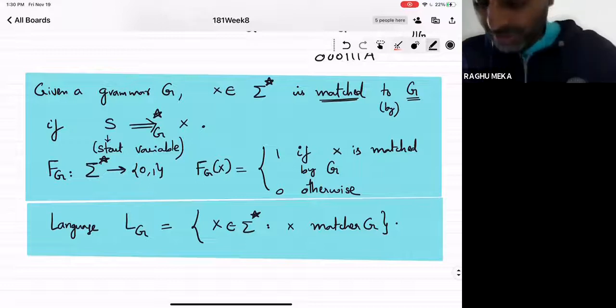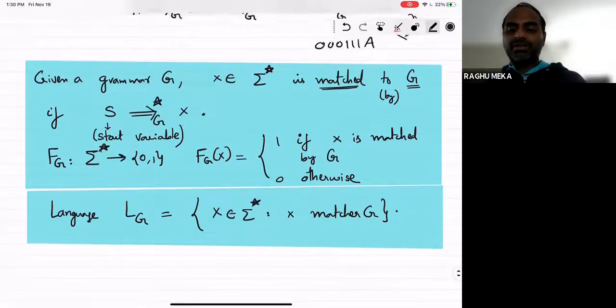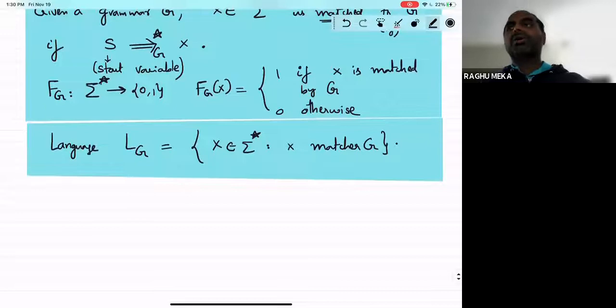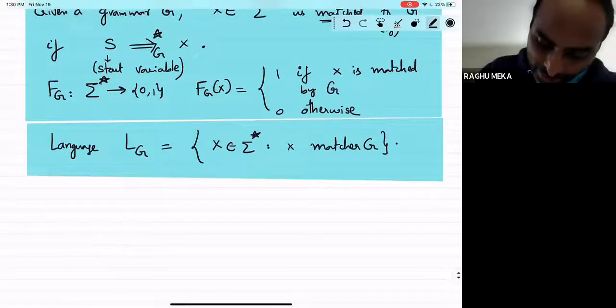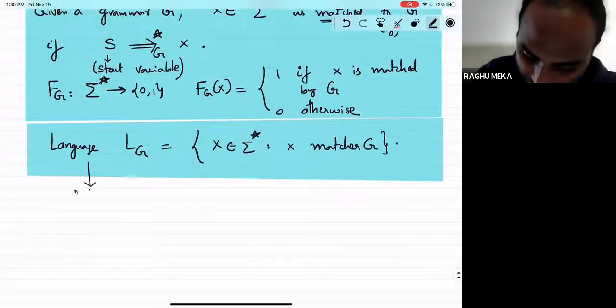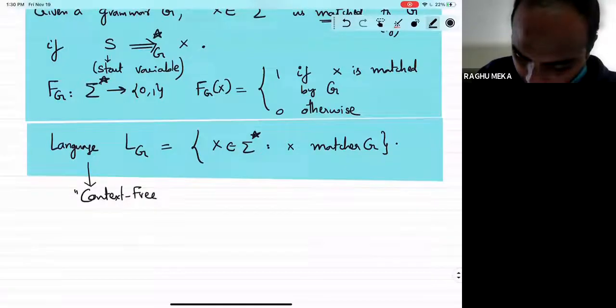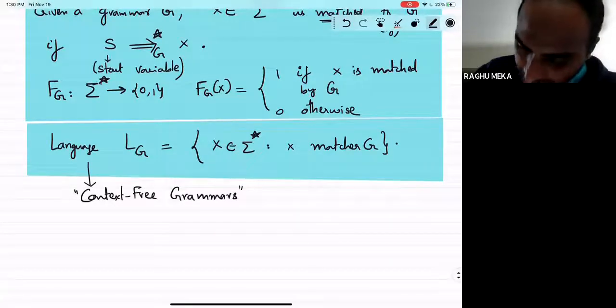Any language for which there is a grammar which can match it is called a context-free language. These are called context-free grammars.